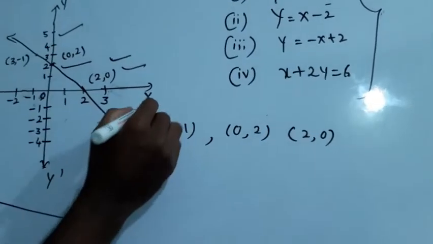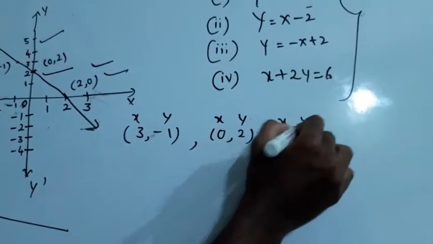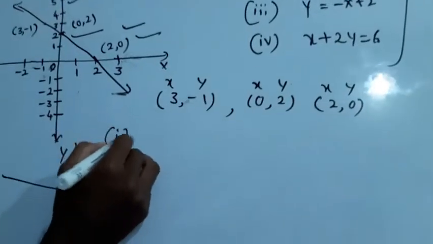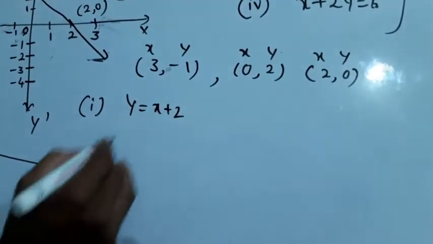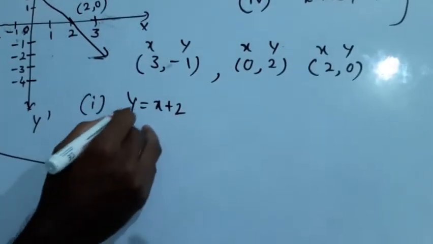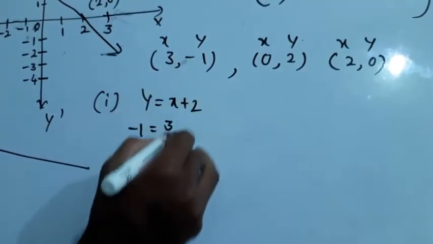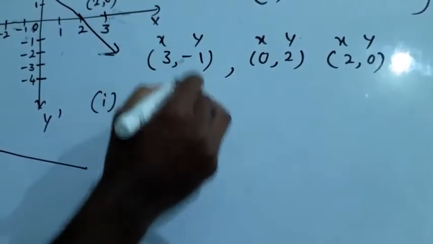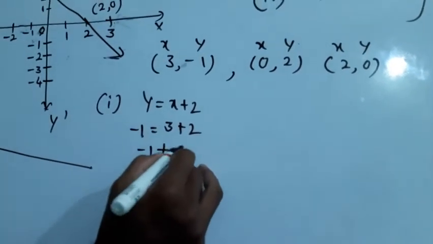So x, y. I'll consider the first equation, y = x + 2. What is the value of y here? The value of y is -1. What is the value of x here? 3. 3 + 2 = 5, and -1 is not equal to 5.